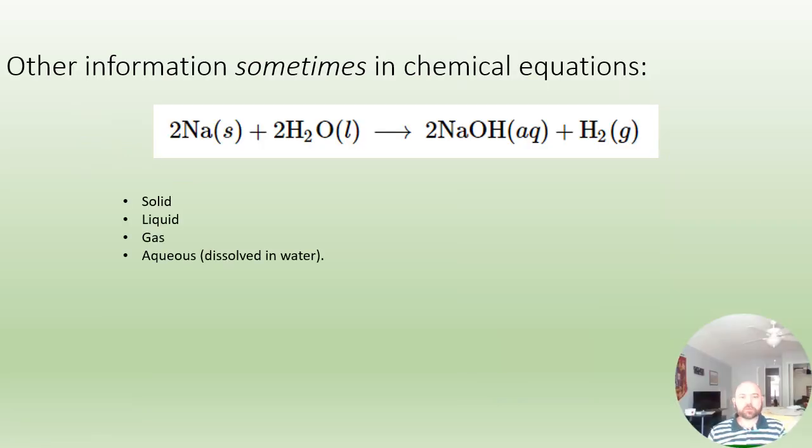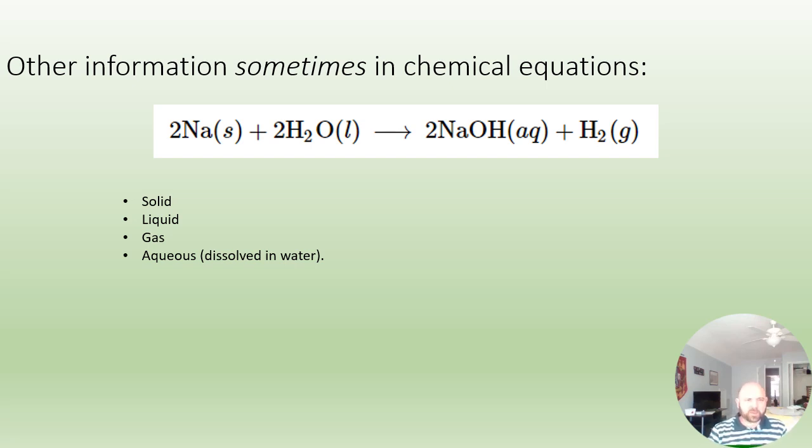Before we start our study of the different types of chemical reactions that are common, we will remind ourselves of what these little symbols mean in a chemical equation, because they become important when we talk about precipitation reactions shortly. When we see the little S beside our chemical formula, that means that compound or element is in the solid form.